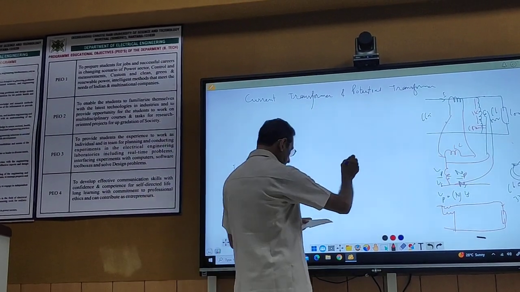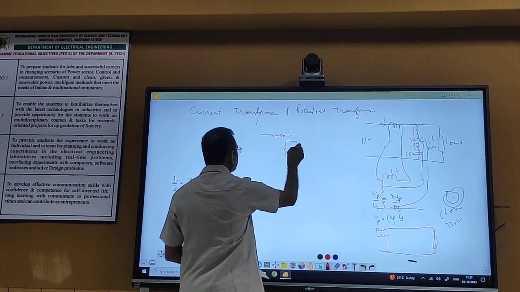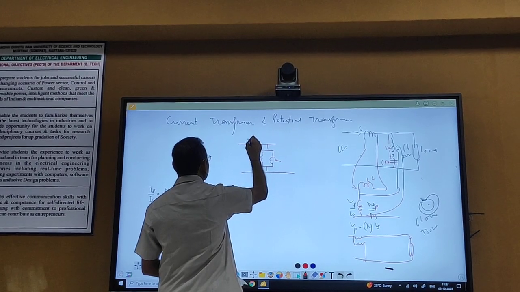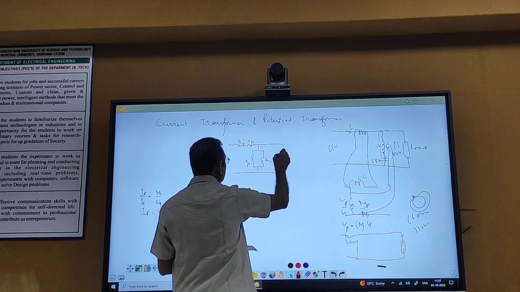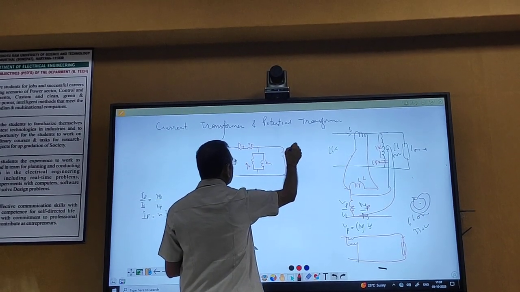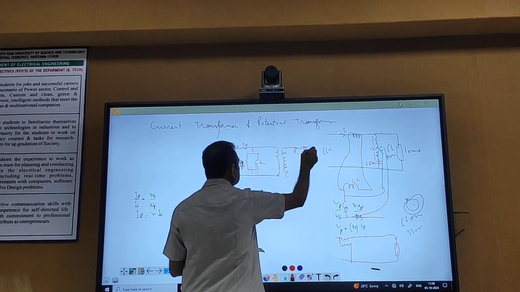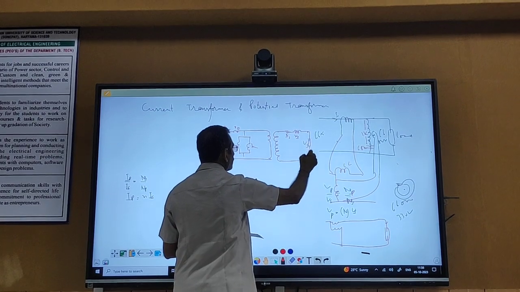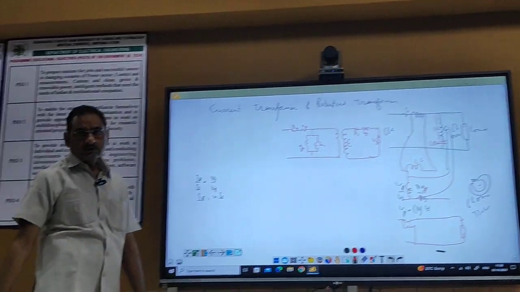So if we study the equivalent circuit of the transformer, it has G_i, B_m, primary side, secondary side, number of turns, and I am talking about the current transformer, secondary resistance, leakage reactance and secondary side voltage Vs. This is the equivalent circuit of the transformer.